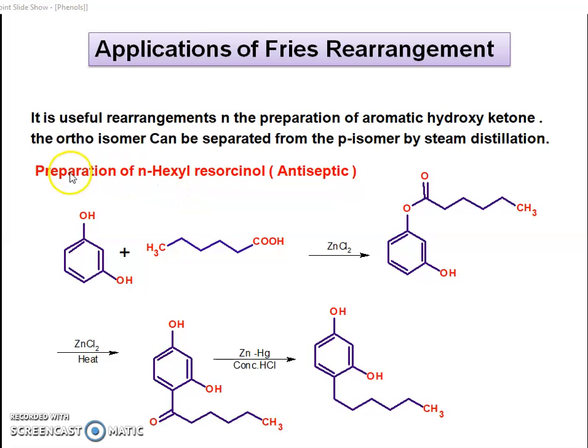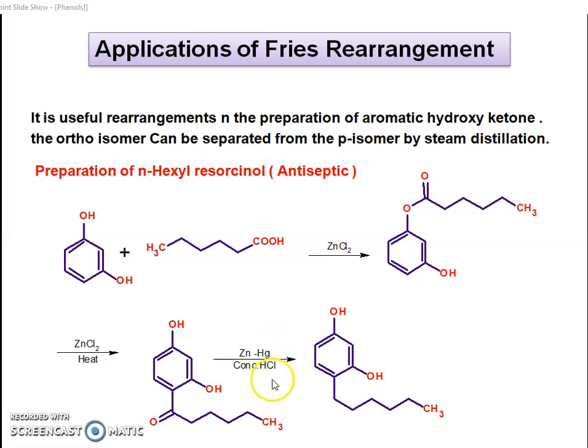So we have prepared this n-hexyl resorcinol. This chain or group will be migrated to the para position here. Then after migration, zinc amalgam in concentrated HCl is used. What is the role of zinc amalgam in concentrated HCl?